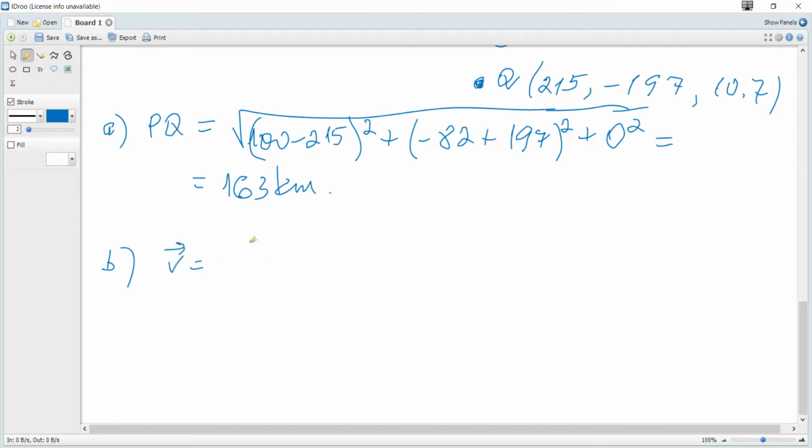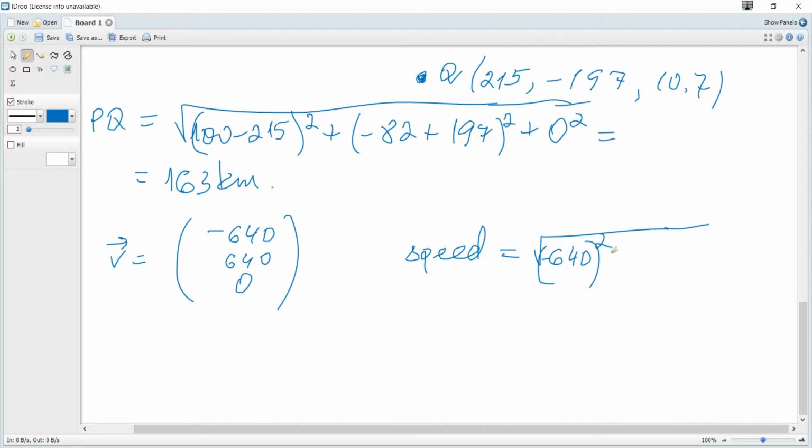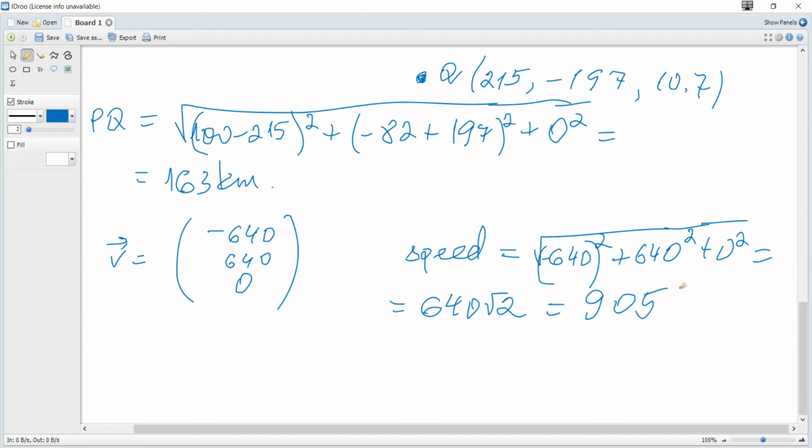So velocity is a vector, and we know that speed is just the magnitude of the velocity vector, so it's the square root of (-640) squared plus 640 squared plus 0 squared. The square is positive, so the sign doesn't matter, and it's 640 root 2 kilometers per hour, or 905 to 3 significant figures kilometers per hour.